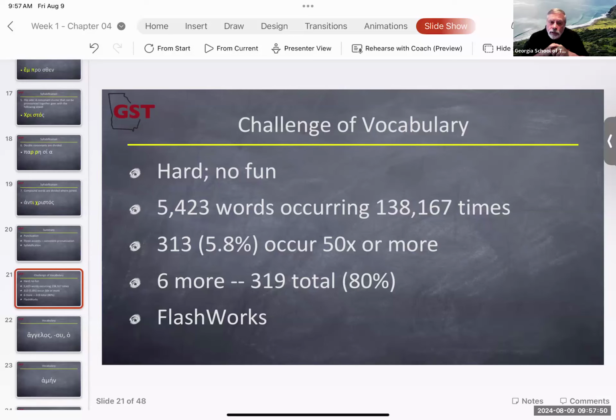Probably not. But notice that 313 of them, less than 6%, occur 50 times or more. Those that occur 6 or more times, there are 319 total. So if you were to learn approximately 600 words over time, you know 80%. And that's a pretty easy read for the most part.